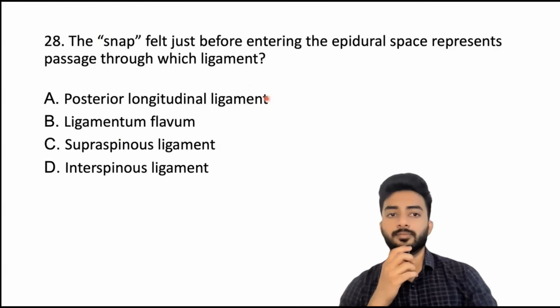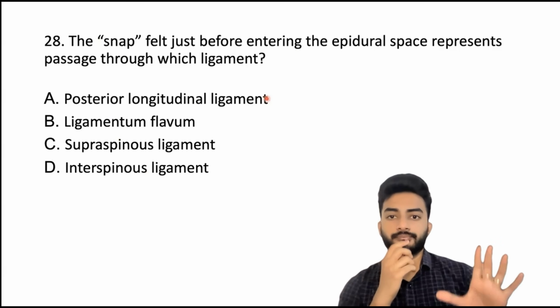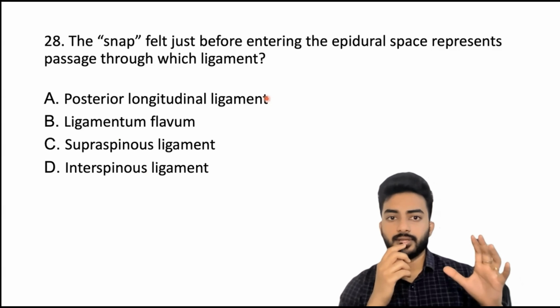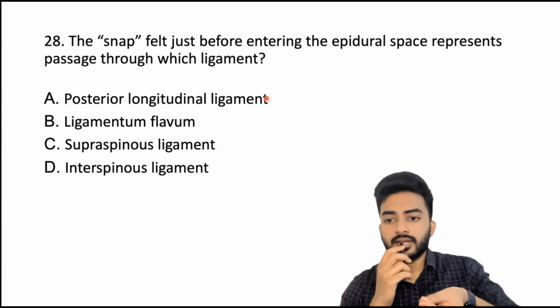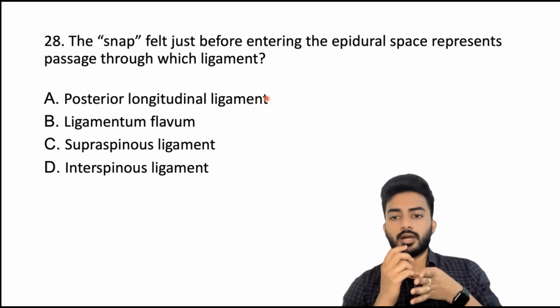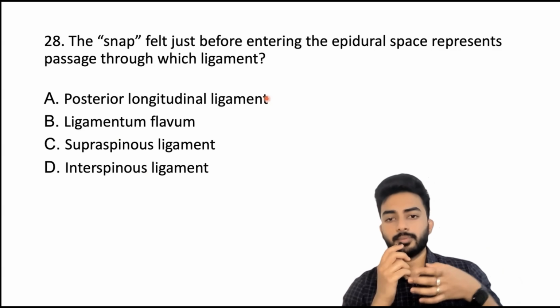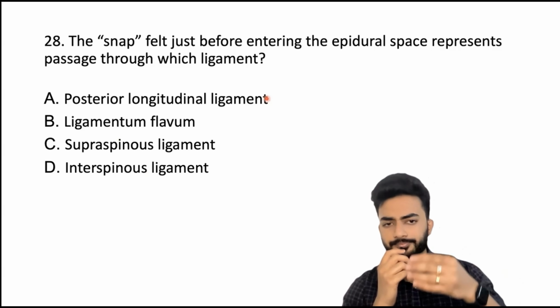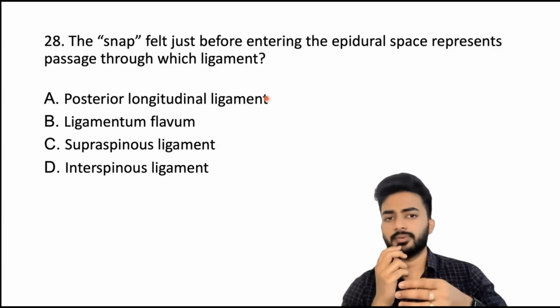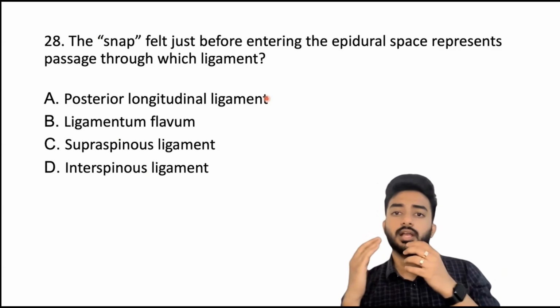Next we have the 28th question. Listen carefully. They are asking about the snap felt just before entering the epidural space. If you are putting in the epidural needle, you will be passing through the skin, subcutaneous tissue, supraspinous ligament, interspinous ligament, ligamentum flavum. So they are asking, the snap is felt in which?